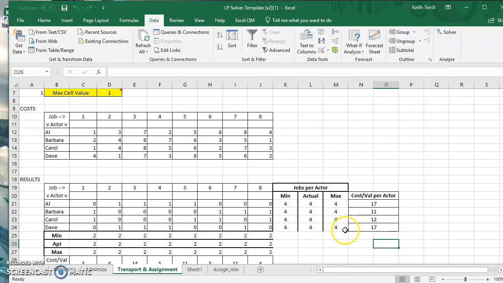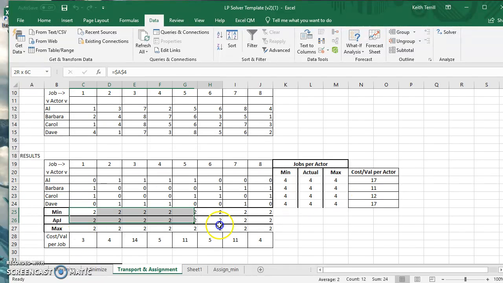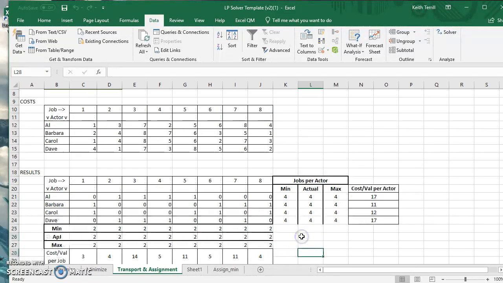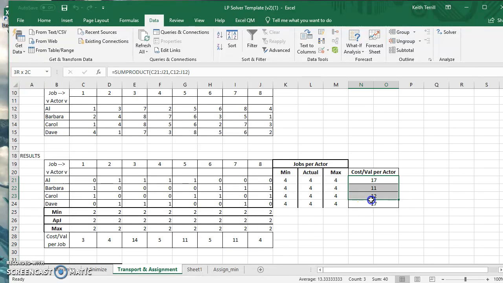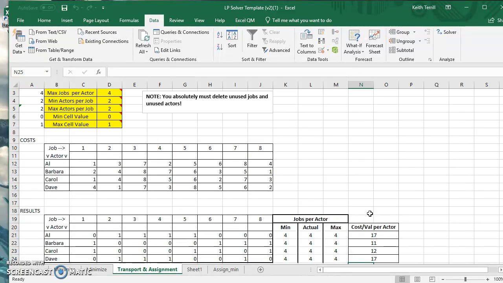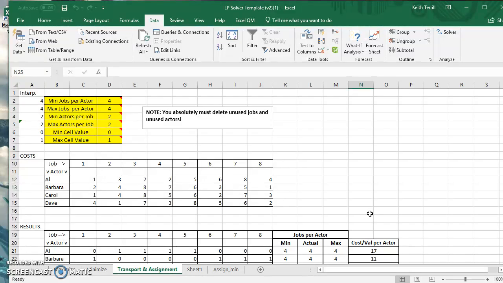And it works out also that every actor, every person goes to 4 games, which is great, and every game has 2 people at it. Perfect. And so that's our ideal solution. As far as happiness goes, Barbara and Carol are the happiest. Al and Dave a little less pleased with their choices, but they get to go to NFL games, so I guess they're okay with that.